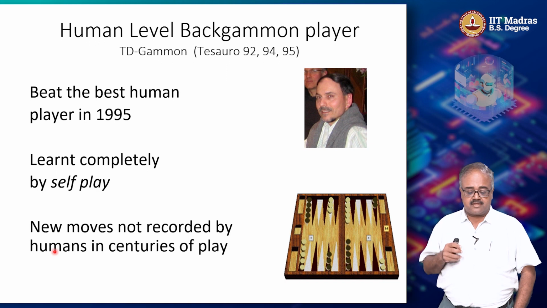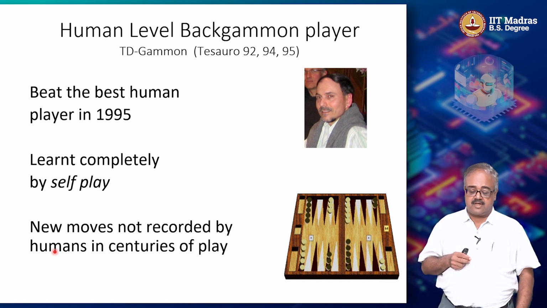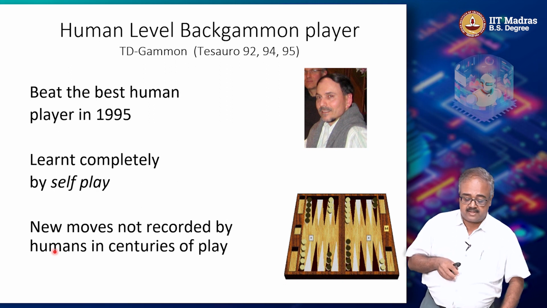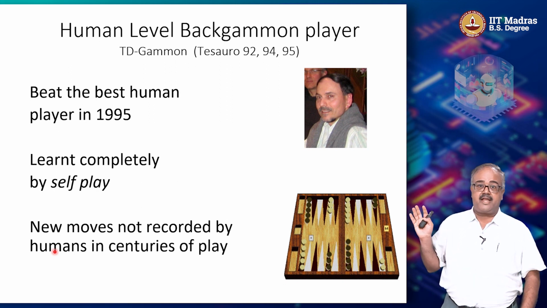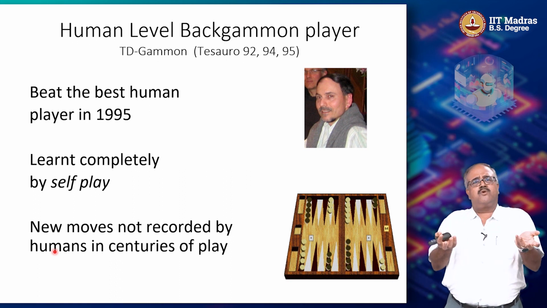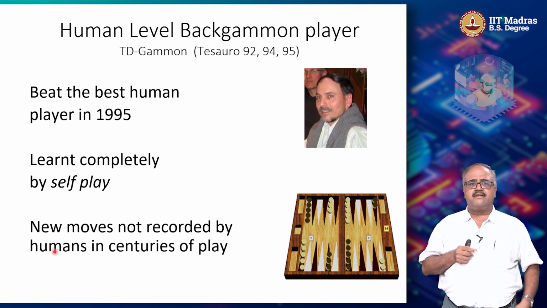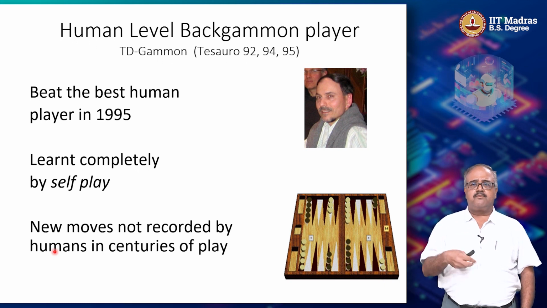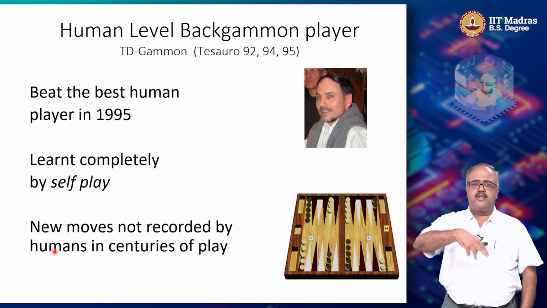So one of the earliest success stories here was by Jerry Tesauro back in the 90s. There's this game called Backgammon, which is like Ludo. Most of you know Ludo, right? You have four sides and four teams, you roll a die and take your piece around the board.